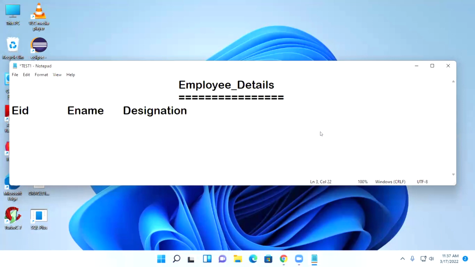The next I have to take your salary. And next I have to take your department, so department name. And next, gender. These are some information I have to store about your employees.